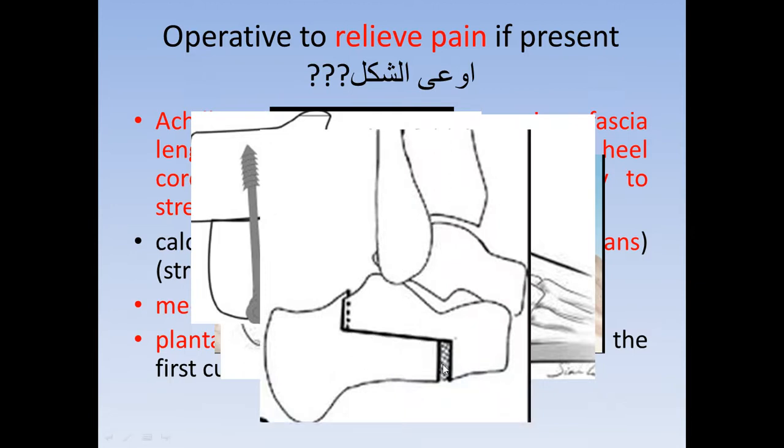And there is a combination of both through a chevron osteotomy. You make a cut near the anterior process, then a horizontal one, then another vertical one in front of the Achilles tendon. This is the most important. Lengthen and displace medially.